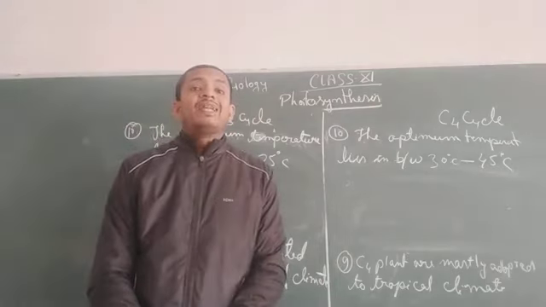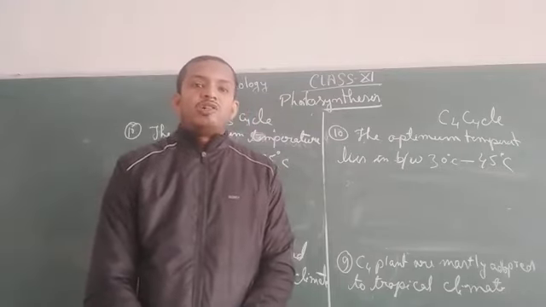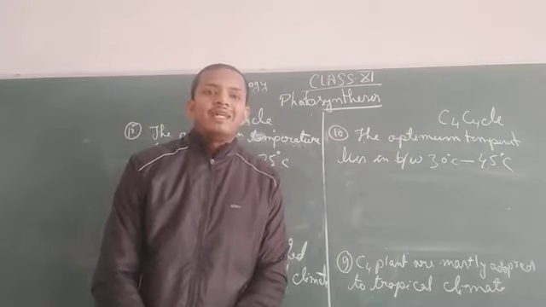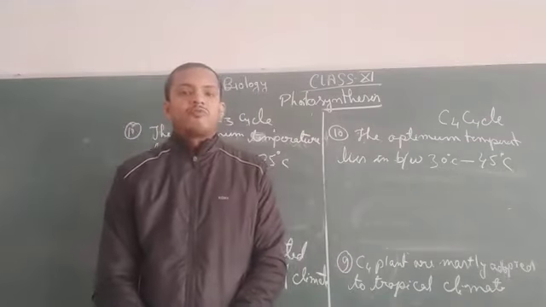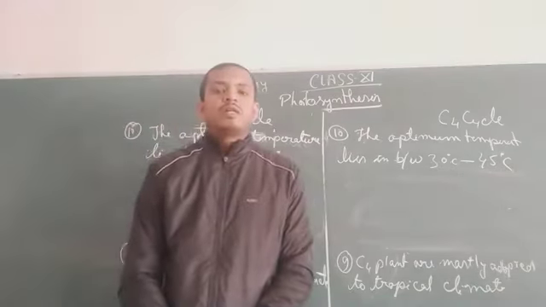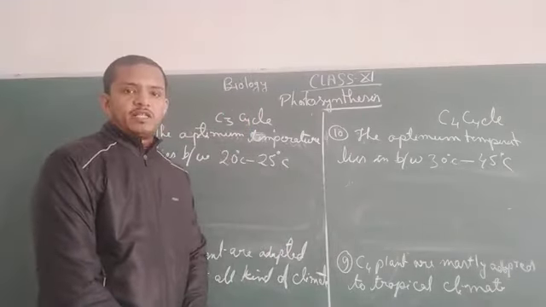So it is a more energy consuming process. The C4 cycle is more energy consuming, and again I told you that in the C3 cycle photorespiration takes place, but in the C4 cycle photorespiration does not take place.